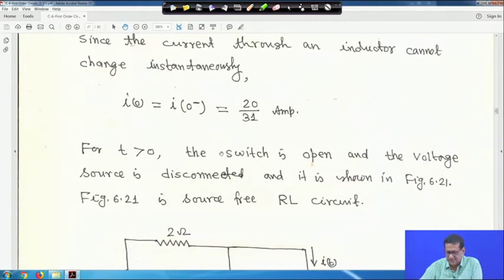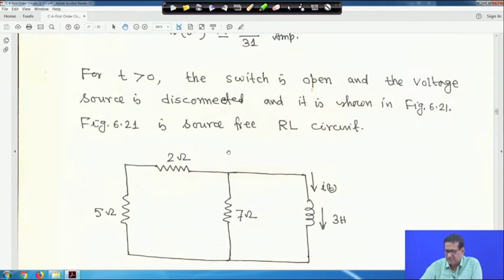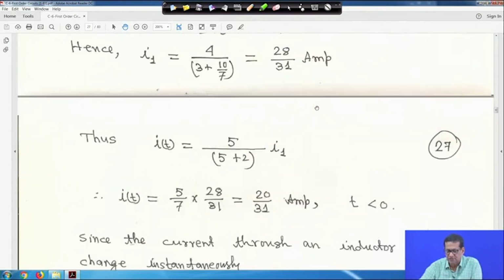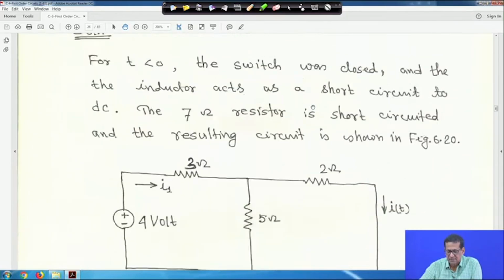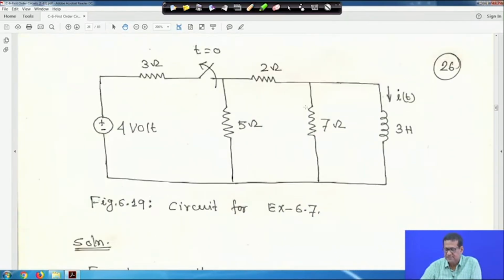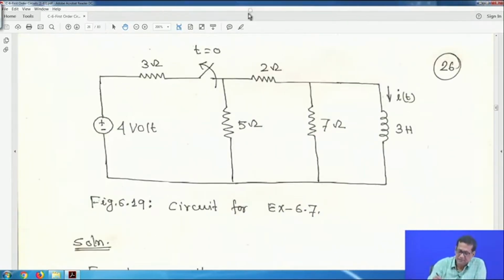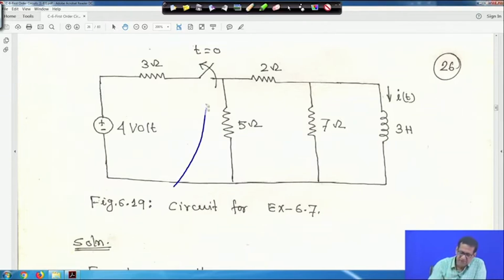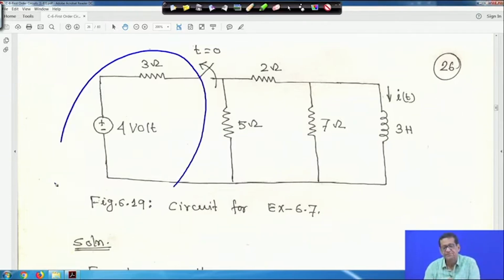For t greater than 0, the switch is open and the voltage source is disconnected, as shown in the figure. The switch is open means this part is not there. So, let us see how the circuit is.